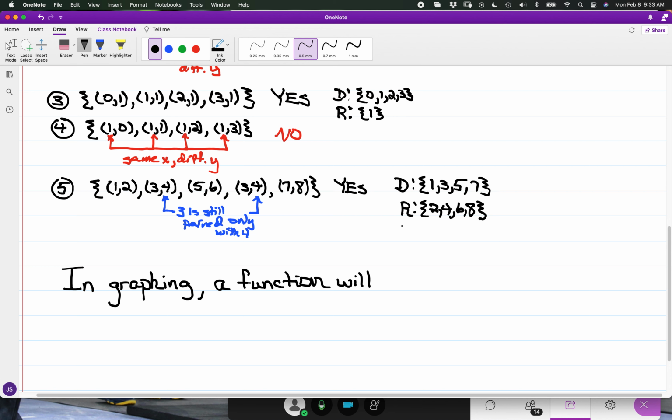This is just a visual way of saying that for each x value, there is only one corresponding y value.